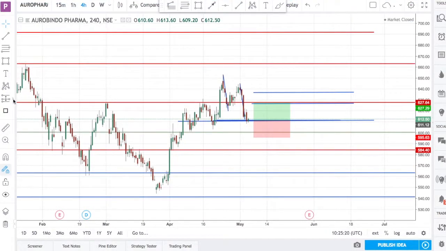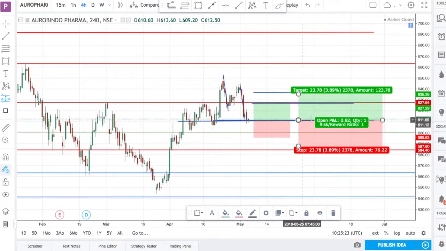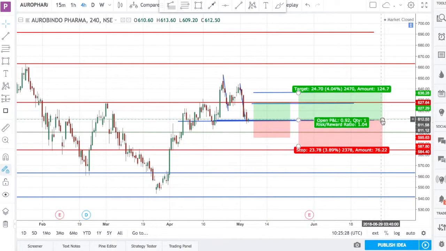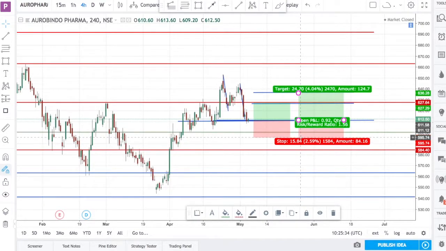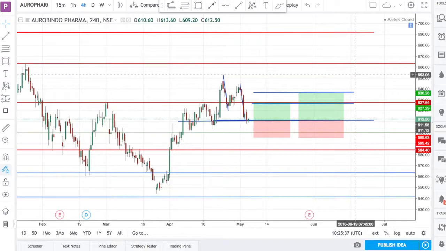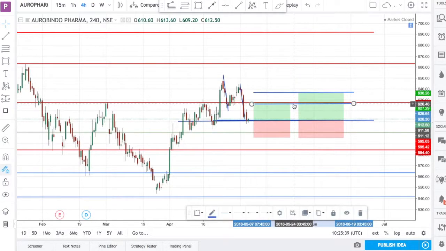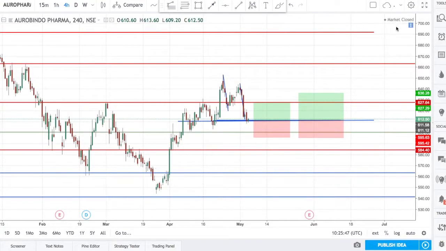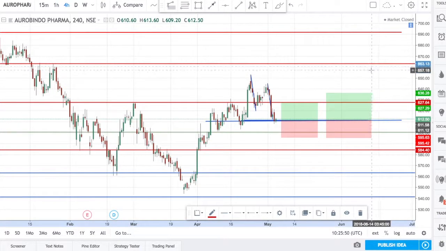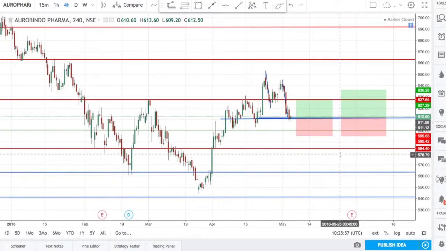And our second target would be this, with a stop loss placed at exactly the same point as before. So let's see how this trade plays out in the next few trading sessions.